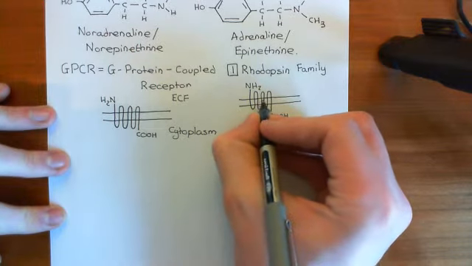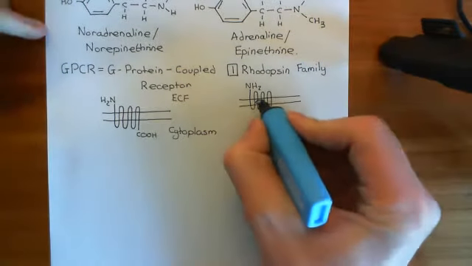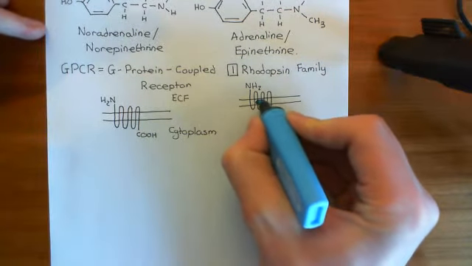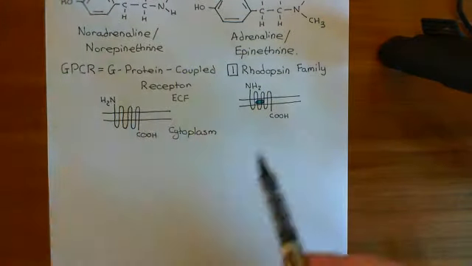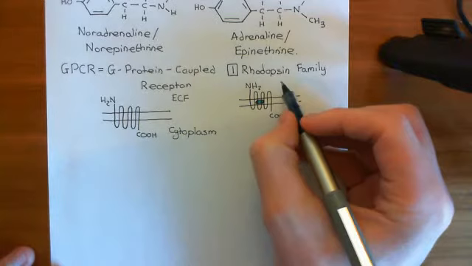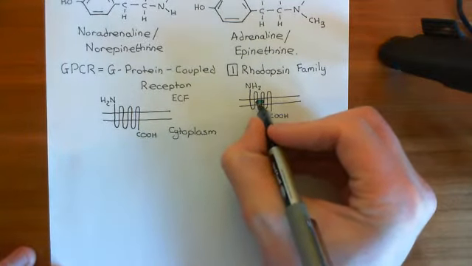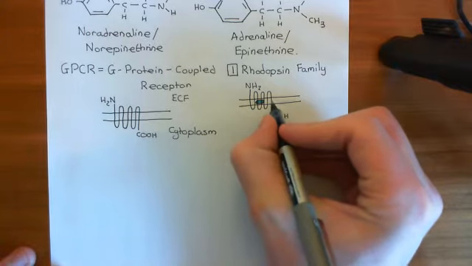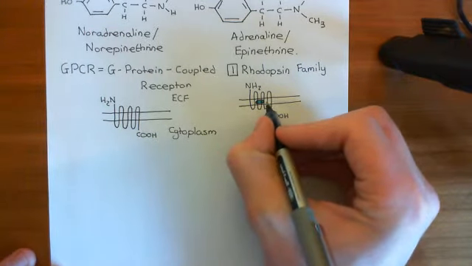They will bind their ligand to the transmembrane domain, basically. So if I get my blue pen here, this blue dot here is meant to represent the ligand. Basically, the ligand for rhodopsin family G protein coupled receptors binds to residues that are in the 7 membrane spanning alpha helices. Okay, so it binds to the transmembrane domain.